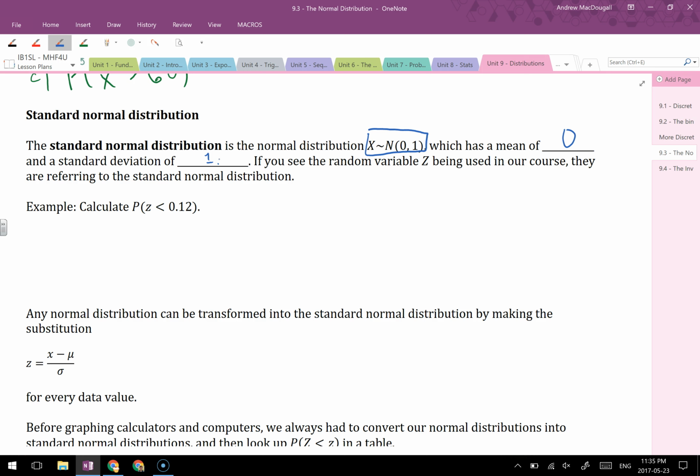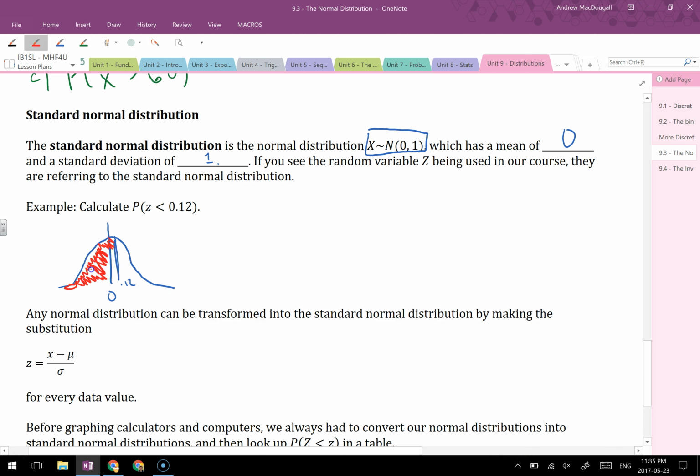So if we want to calculate the probability that z is less than 0.12, okay, we're using z's, so that means our mean is at 0. 0.12 is just to the right. And so we want to find this whole area.